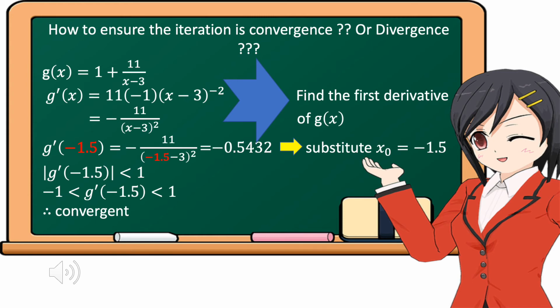Next step, we do the substitution. We substitute x0 equal to negative 1.5 into the first derivative of the function g of x. So we get the answer negative 0.5432. That is between negative 1 and 1, so we can conclude that the iteration is convergent.